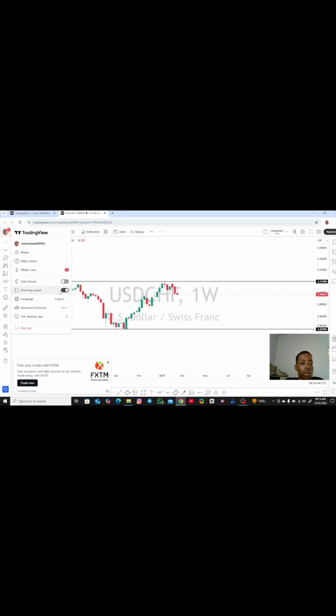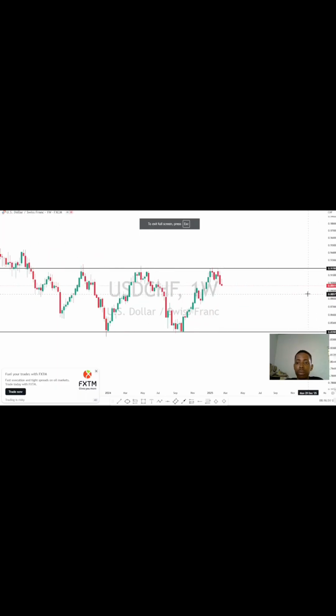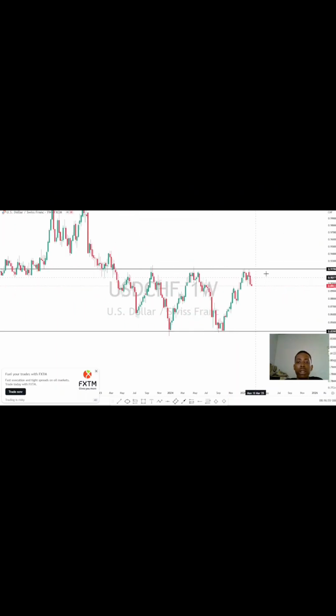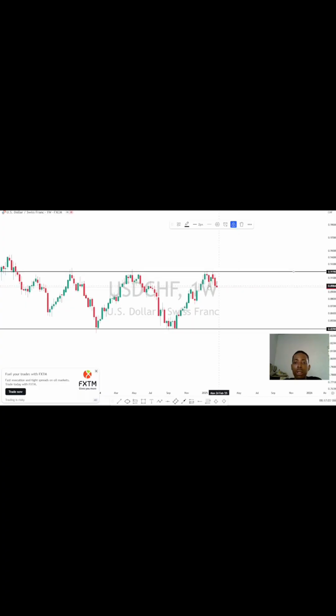Okay, let me go back, remove this panel, and okay guys, USD/CHF has hit its monthly support level. So what I can see is a double top.